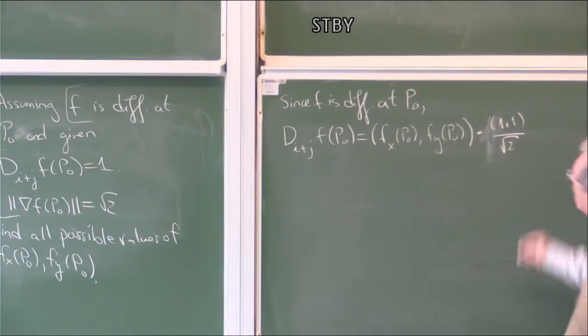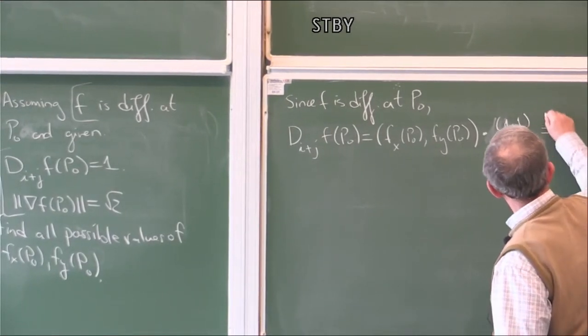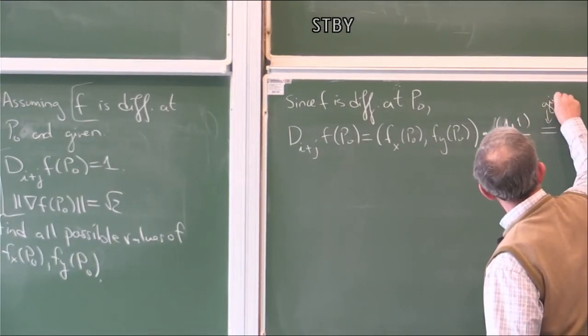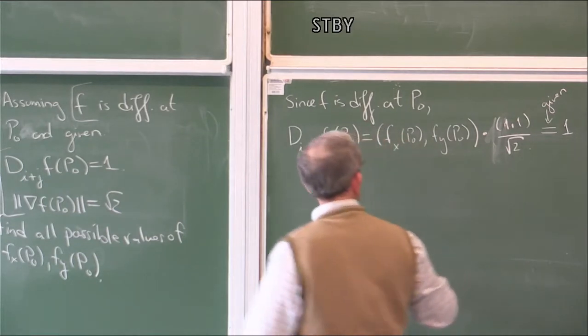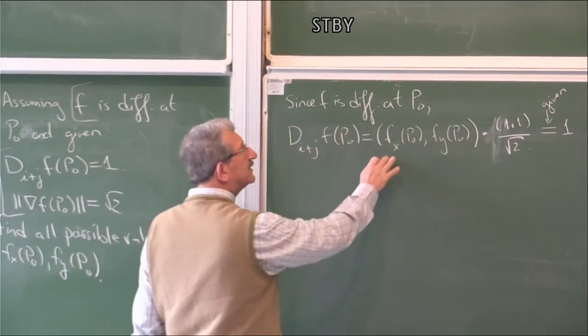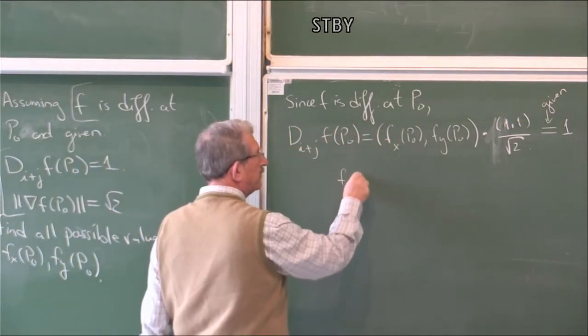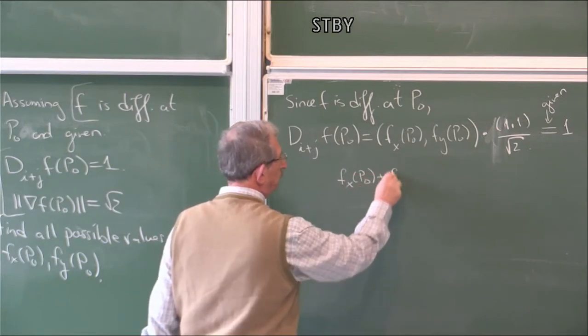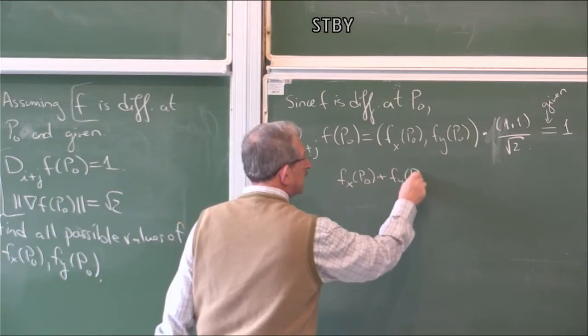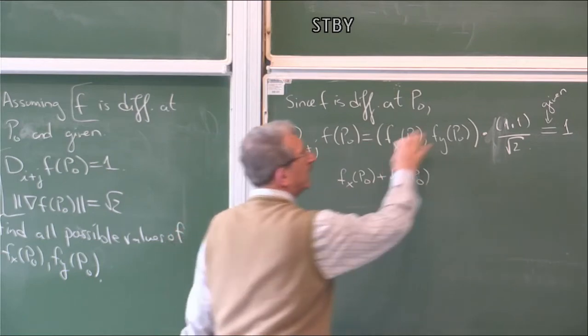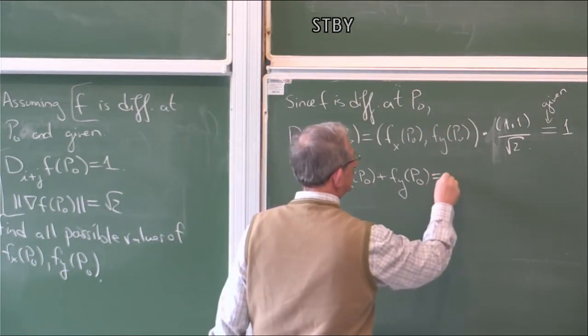And that is given to be 1. Well, that tells us that f_x at P0 plus f_y at P0, taking the dot product, is square root of 2.